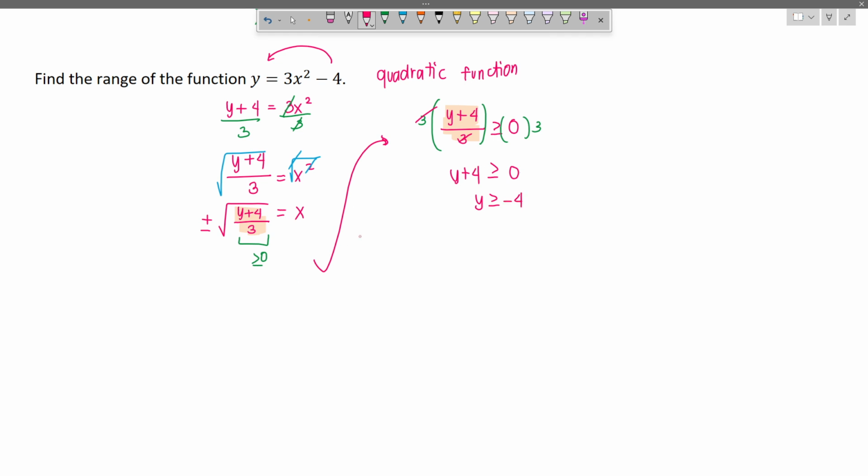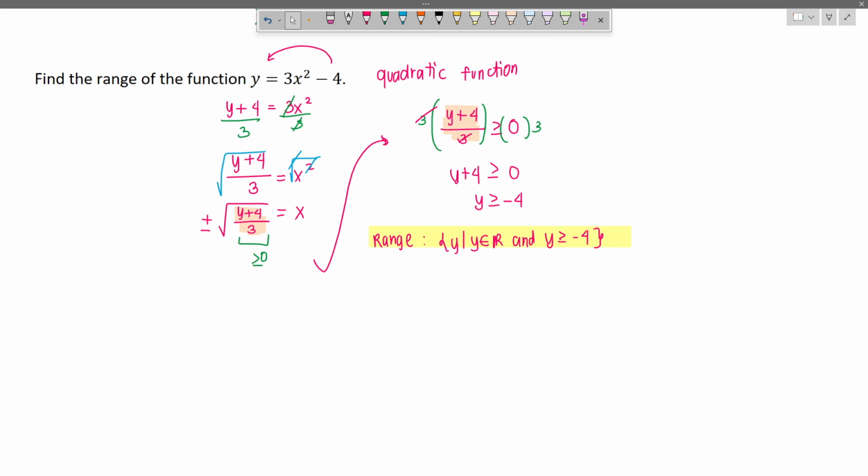So our range is that y such that y is an element of the set of real numbers and is greater than or equal to negative 4.